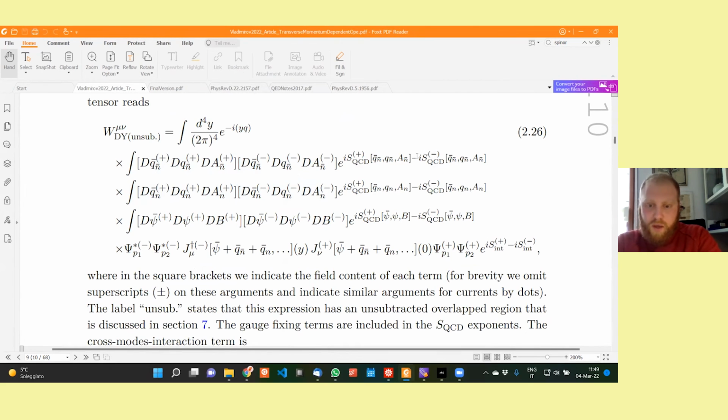And when you go to the anti-causal sector, you get of course a minus i in the action, because it is anti-causal, from the anti-time order. So you get S minus of n bar. You do the same for n collinear, and the same for dynamical fields. So basically there are 3 identical copies for n bar, n, and dynamical.